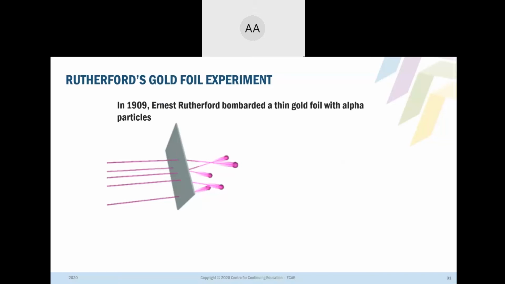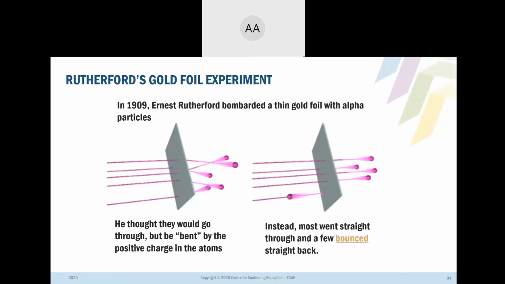So surprisingly, while most of the alpha particles were undeflected and did, as you see in the diagram there, pass straight through, a very, very small percentage bounced straight back.